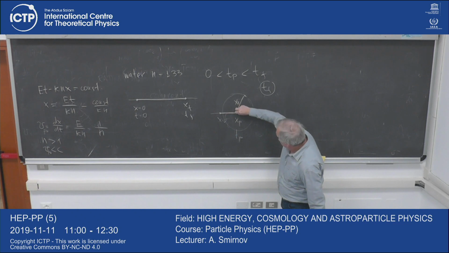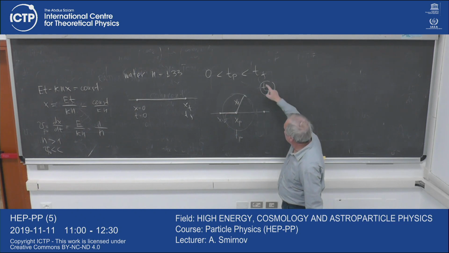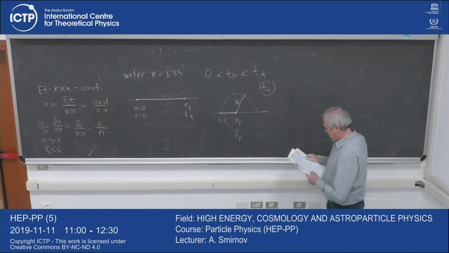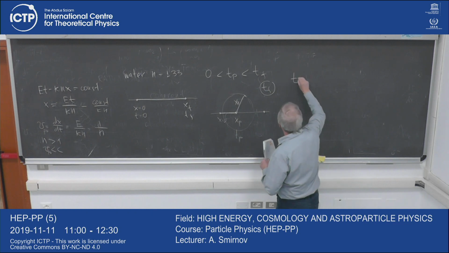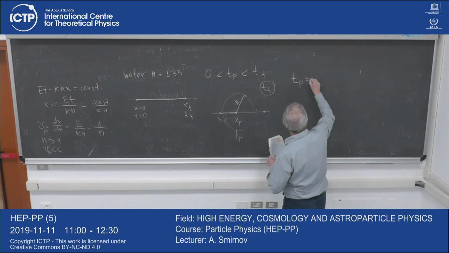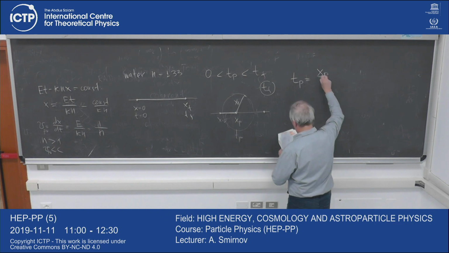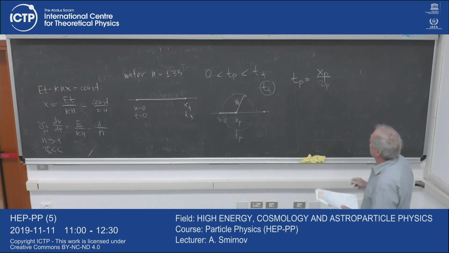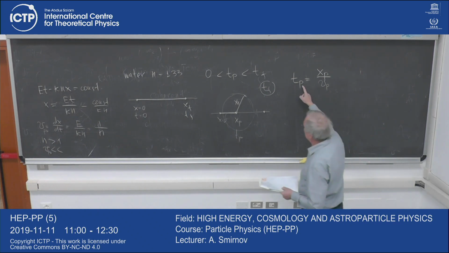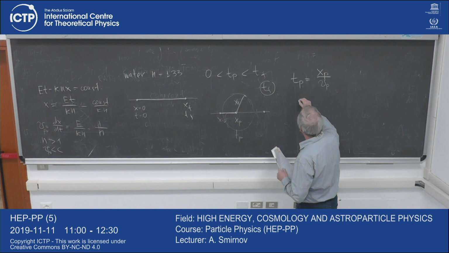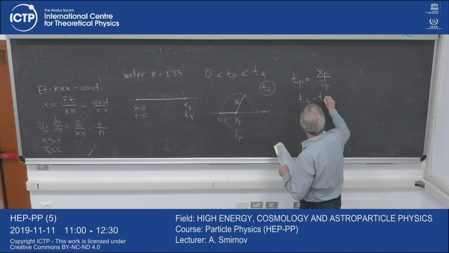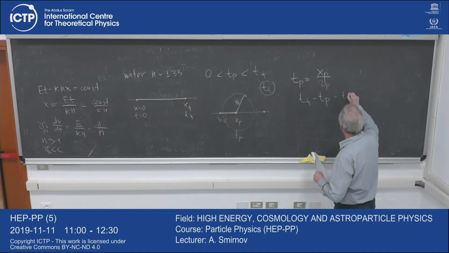It emits at this point and then the light propagates and it is somewhere at the moment of time t f. So the time is given by x p over the velocity of the particle. So this is the moment of time when the light is emitted. Therefore the light propagates for the time t f minus t p. So this is the time of propagation of the light.